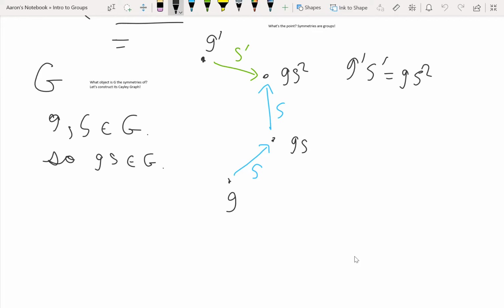So maybe we go from g to gf squared by three rotations altogether, but g prime is a reflection and f prime is a reflection. So it goes to this rotation, but by a different route.